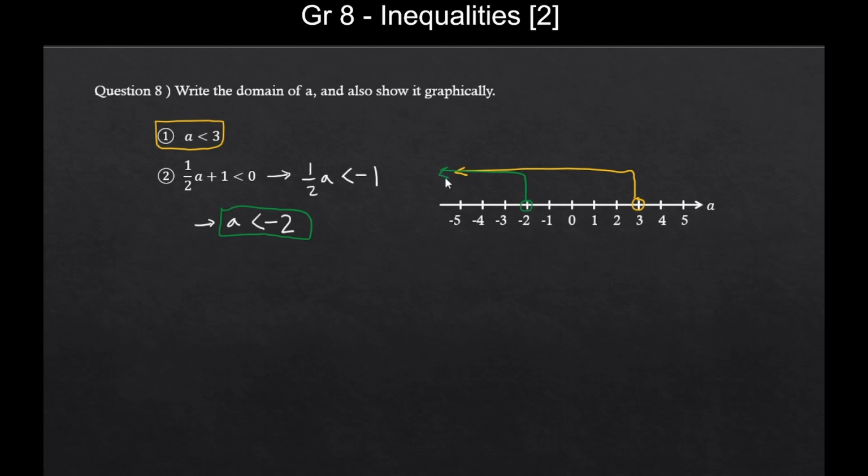Oh, look at this. They're both heading toward left. So this means our A value can satisfy both inequalities at the same time if the A value is less than negative 2. That's where these two lines are overlapping, right? So pretty much this orange line is useless in this case. Yeah, that can happen.